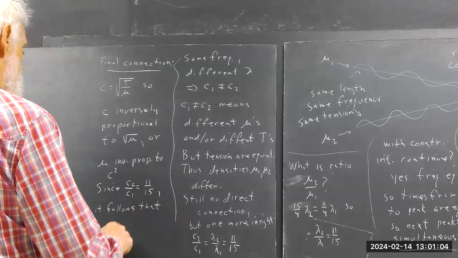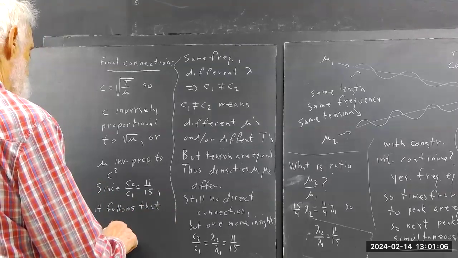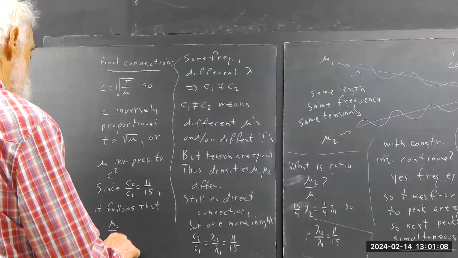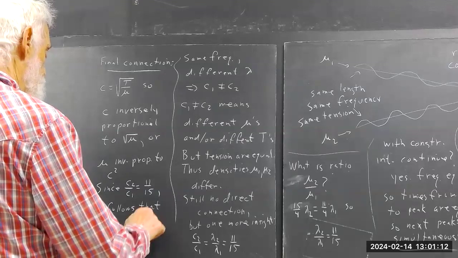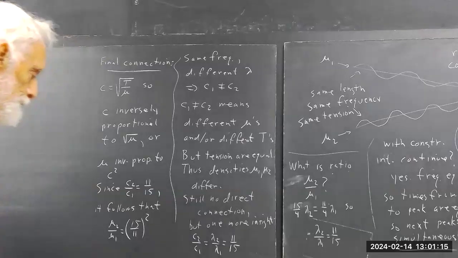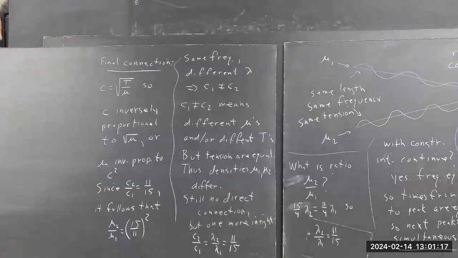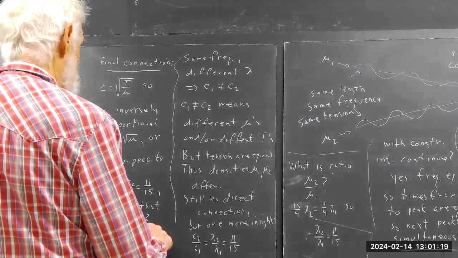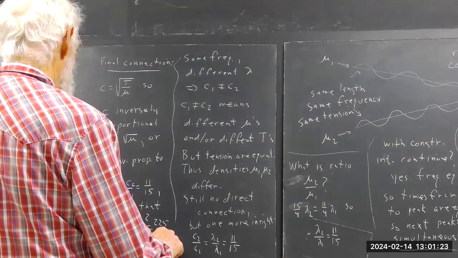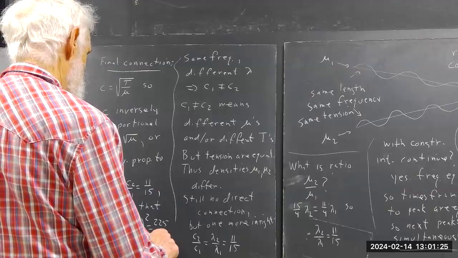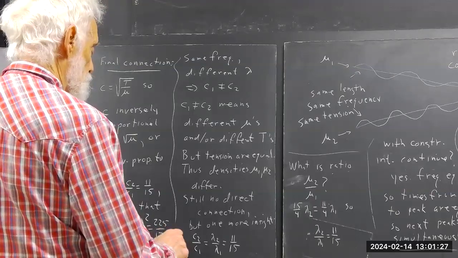it follows that mu2 over mu1, 15 over 11 squared, 225 over 121. It's a little less than 1/2.